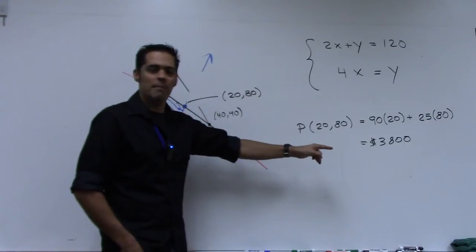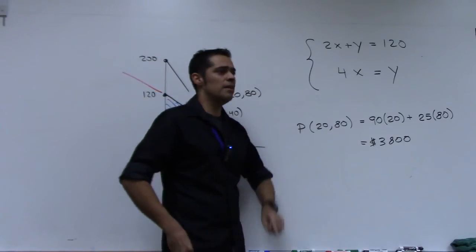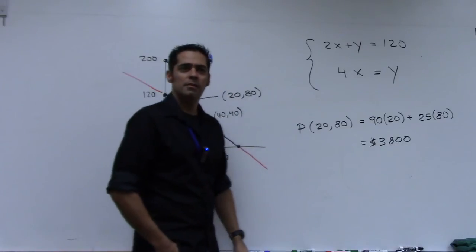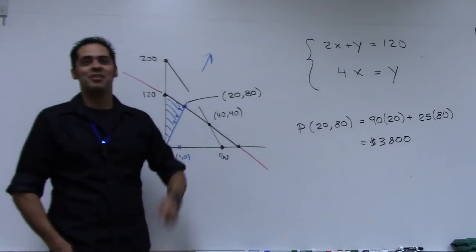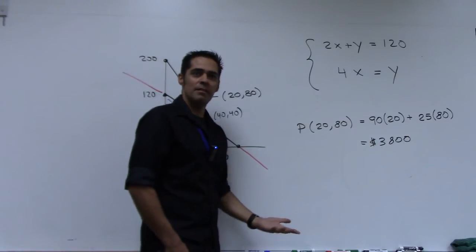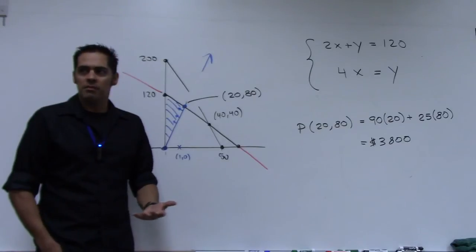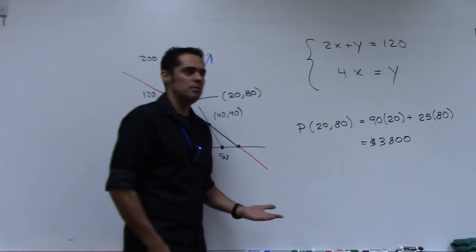Why? We're going to make less money: $4,600 my way, $3,800 your way. You'll actually sell the tables. You're never going to sell your 40-40. It's not practical. Have you ever gone into a store and bought 1 chair, 1 table?